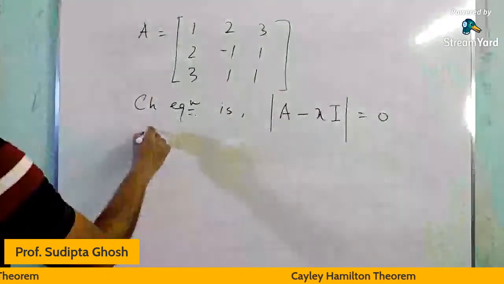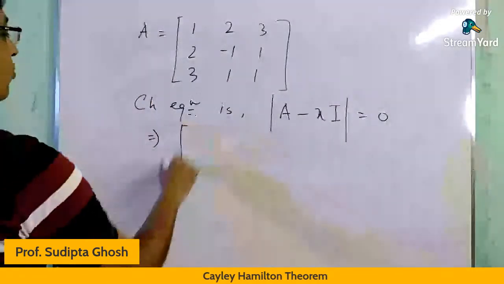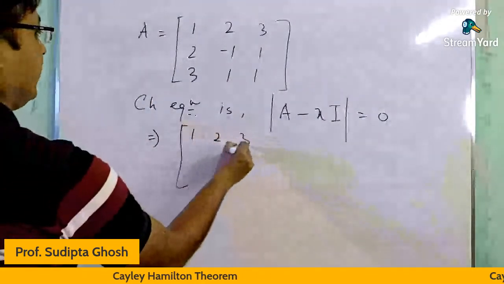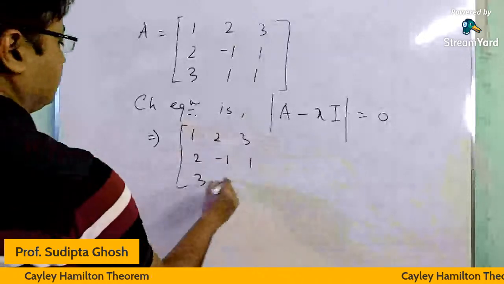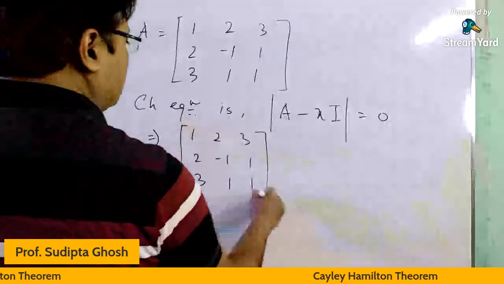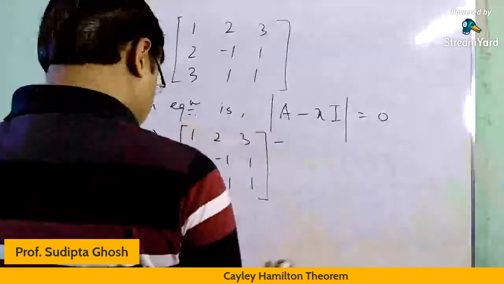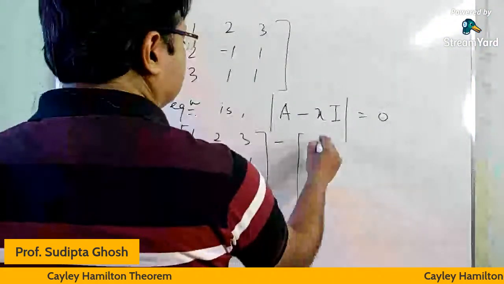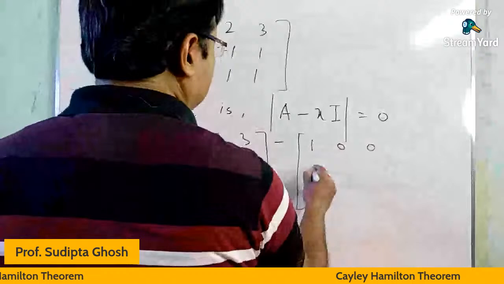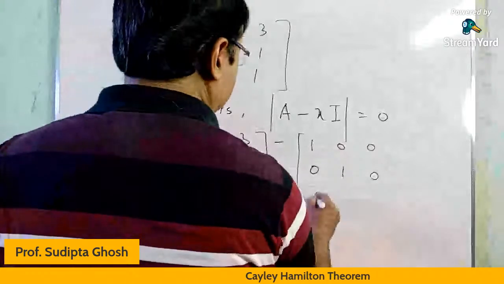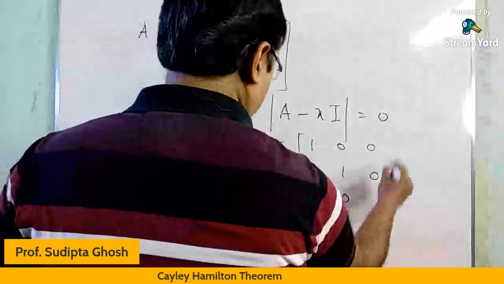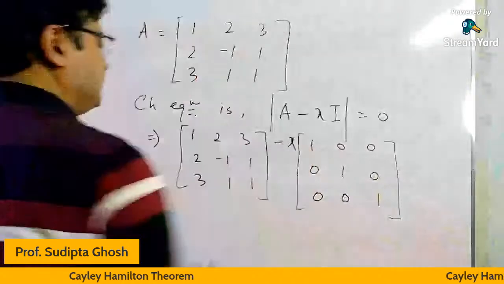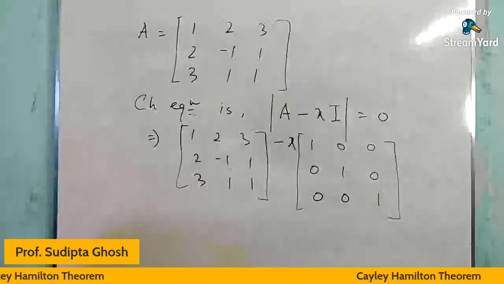So we have to write A, that is 1 2 3, 2 minus 1 1, 3 1 1, minus xI, where I means 1 0 0, 0 1 0, 0 0 1. So this is A minus xI.